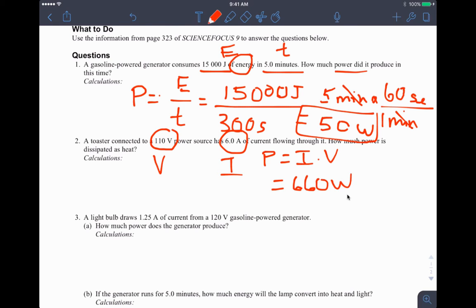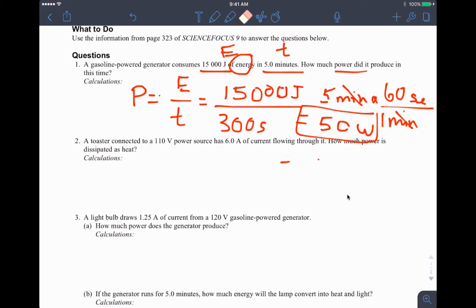But what I want you to see here is when you multiply a current, or you multiply amps and volts, I'm actually going to make some space here because I want you to see what that looks like. If we multiply an amp times a volt, an amp, if you remember, 1 amp is 1 coulomb of charge per second, passing a point in a wire.